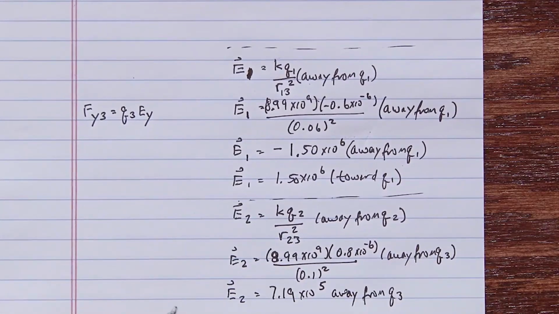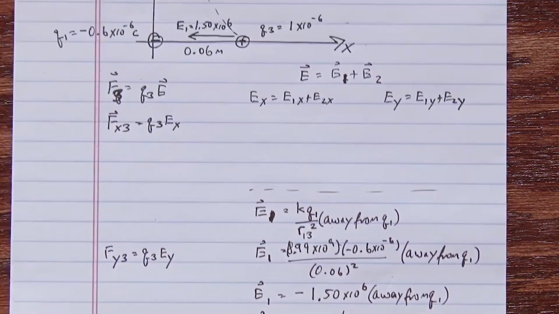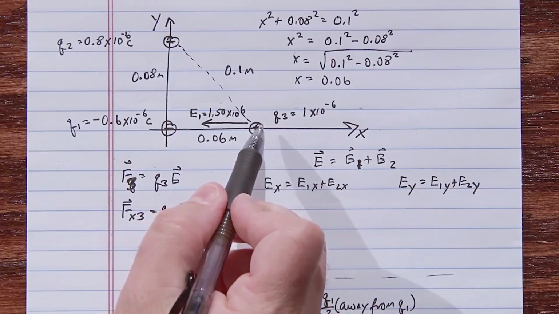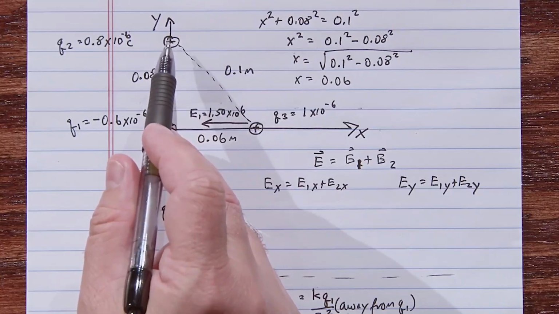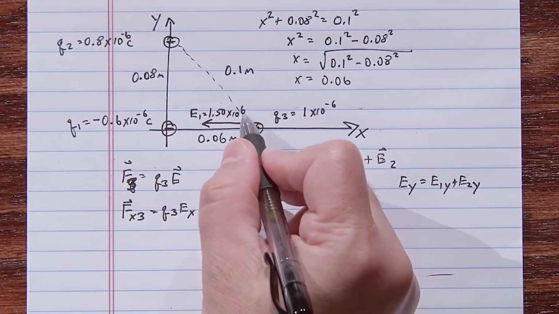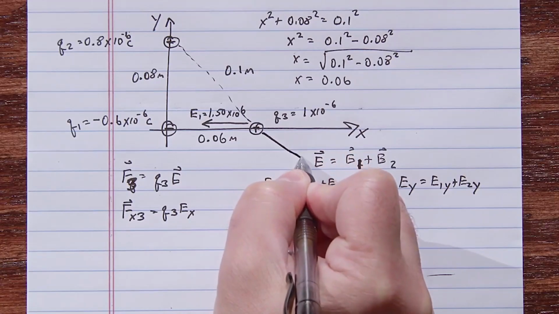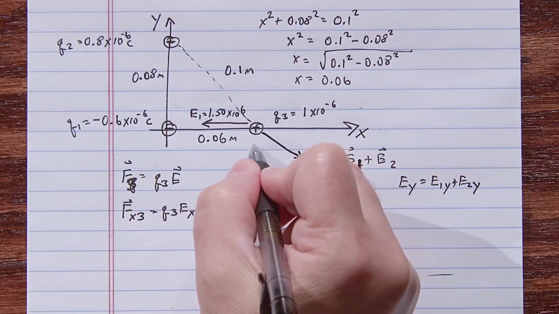So the electric field created by charge 2 is 7.19 times 10 to the 5 newtons per coulomb away from Q3. So let's go back up to our diagram and look at that. The electric field created at this point by this charge points away from this charge. So if I follow this line, I draw it like this, and it is 7.19.